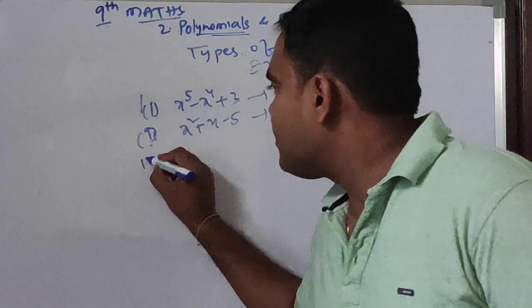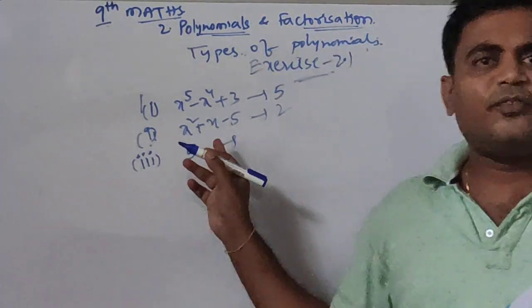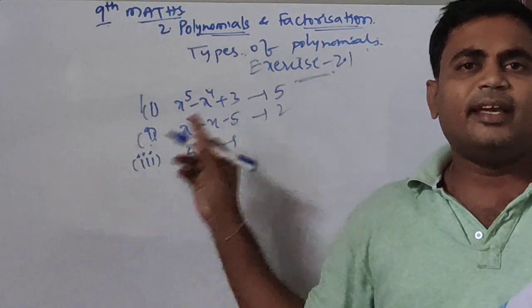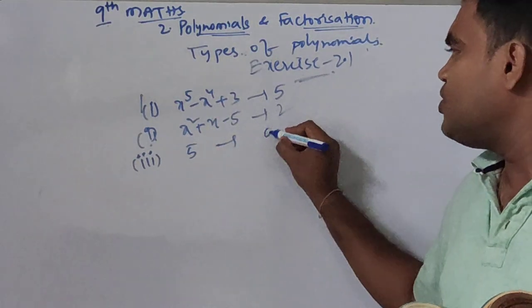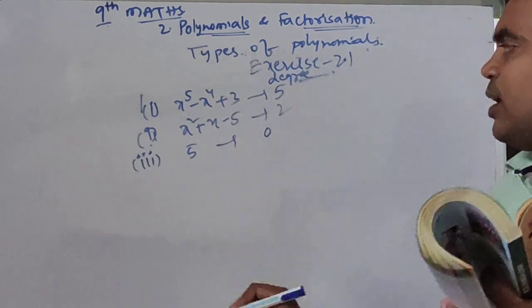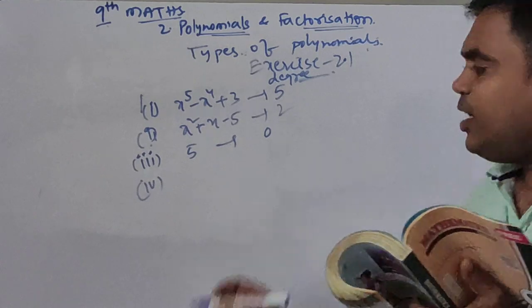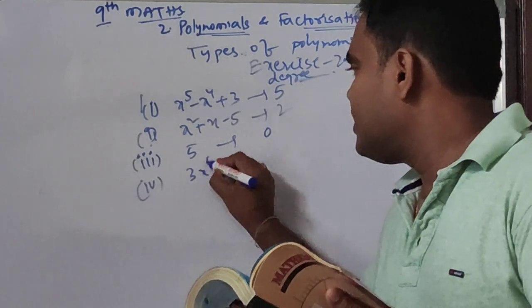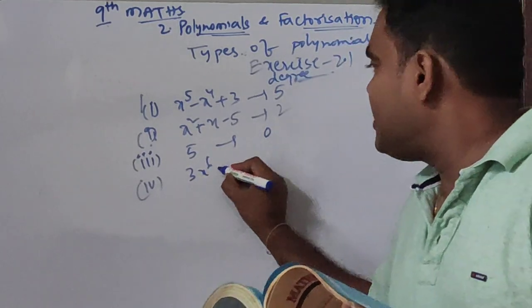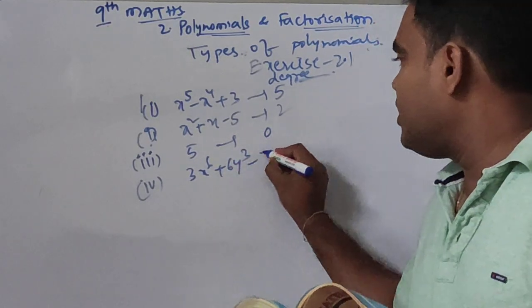Next, third, 5. If we are observing this 5, this is a constant polynomial. Degree of a constant polynomial is 0. Next, fourth one. 3x power 6 plus 6y cube minus 7.